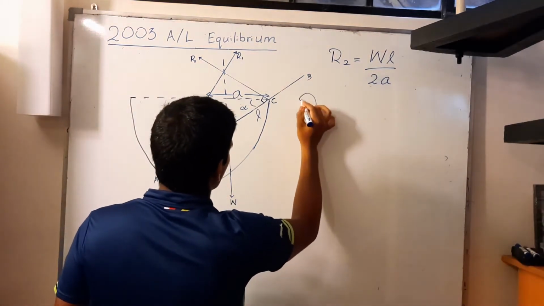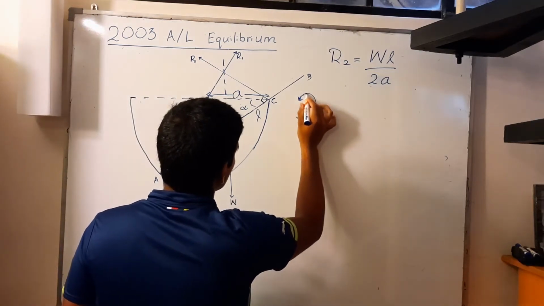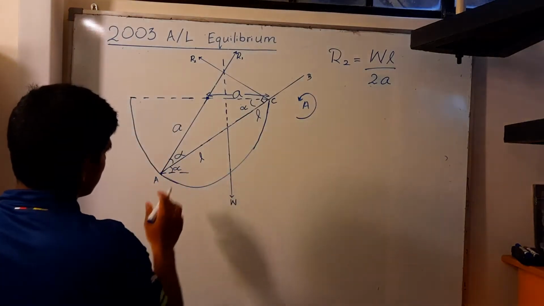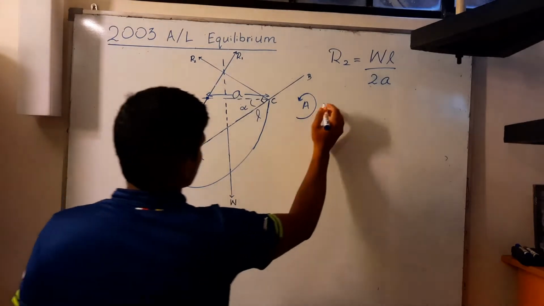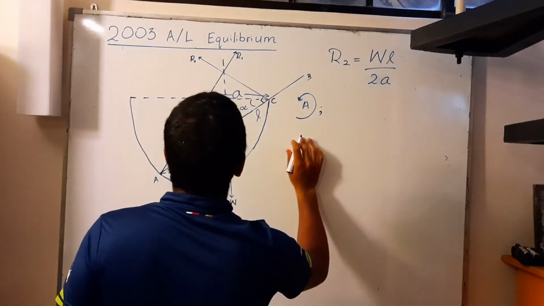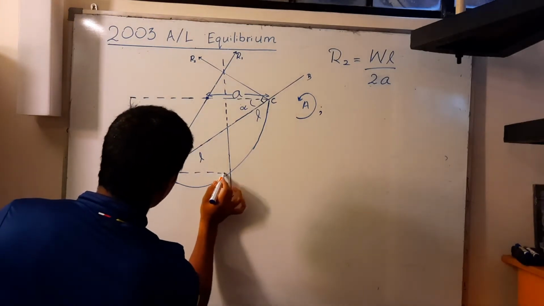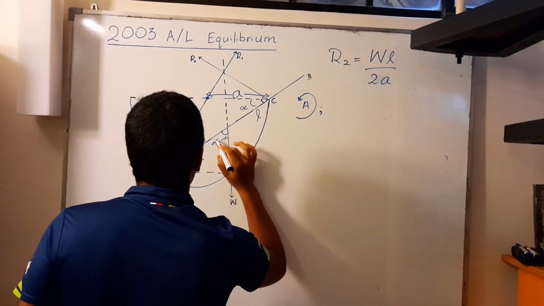So I'm going to take moments around A. Since the sum of all the moments has to be equal to 0, I'm going to equate the clockwise moments to the anti-clockwise moments. Since this is alpha, this becomes 90 degrees minus alpha.